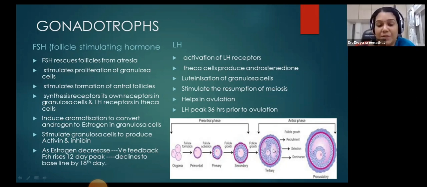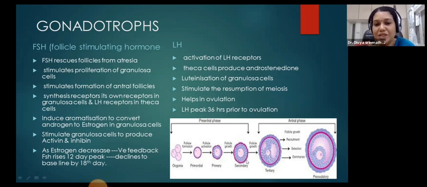This follicular fluid determines which follicle among the 10 to 15 follicles is selected as the dominant follicle, the Graafian follicle. Like when there are so many people, one person is selected as class representative or leader.